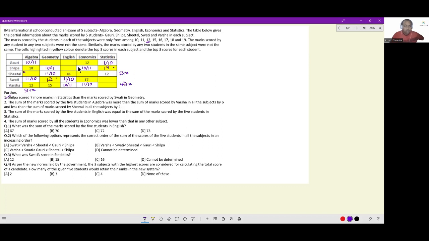Can I get the economics score of Sheetal? Can I get a possible economics score? If it is 11 here, 11 plus 16 is 27. See, this row is supposed to add up to 53 plus X. X I already have. 12 and 16, 28 I already have. 28 plus 11 is 39. So the score in economics will have to be 16 then.